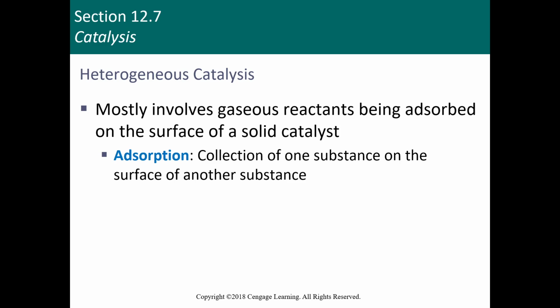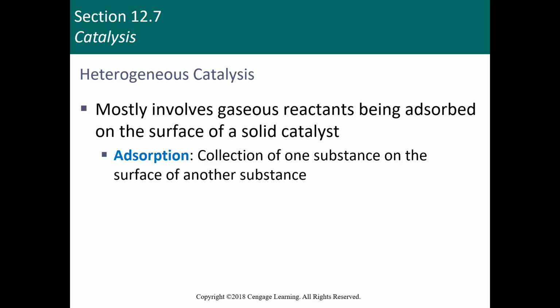The big thing that we have to be concerned about when we talk about heterogeneous catalysts, especially for gas phase reactants reacting using a solid catalyst, is adsorption. Notice the D part of that, adsorption. This is getting a collection of one substance on the surface of another substance.